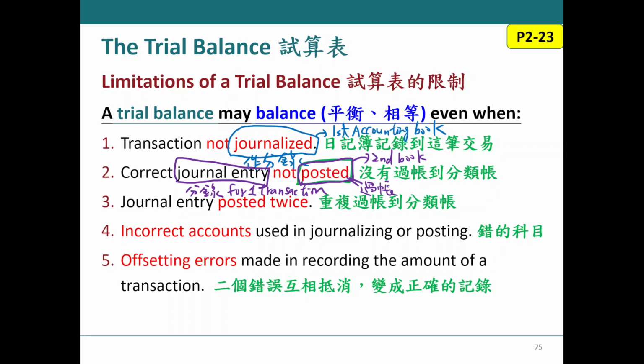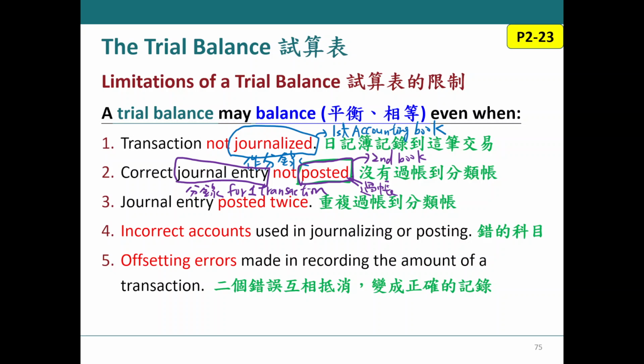So you made a mistake on step 2. You write down 10 transactions correctly in your first accounting book, but when you want to post to your second book, then you made a mistake. So your first book is correct, your second book is not correct. Still, you will get total debit equal to total credit with the wrong number.